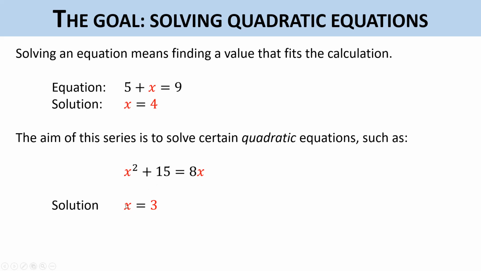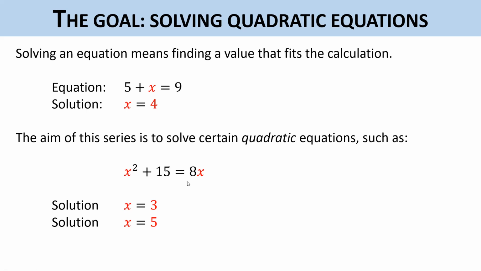So we can replace x by 3. There is another solution, however, which is x equals 5. If we replace x by 5, then we get 5 squared plus 15 equals 8 times 5. And that's just saying 25 plus 15 equals 40, which is also right.